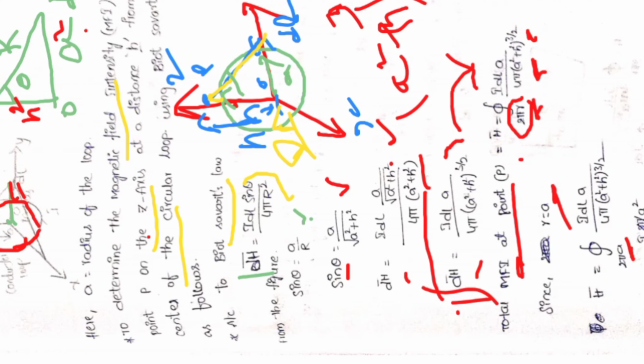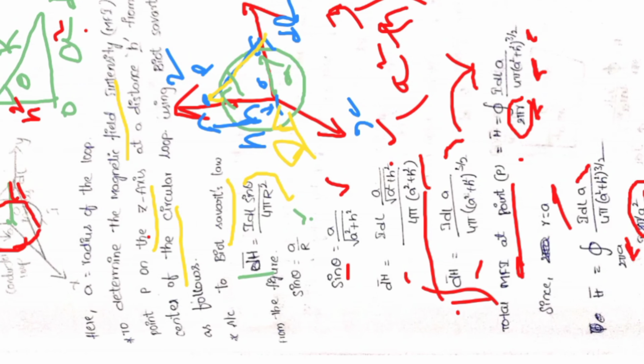Therefore H bar equals I dl a by 4 pi a square plus h square. If we integrate dl, it becomes 2 pi a, and with the a already there, 2 pi a square will come.